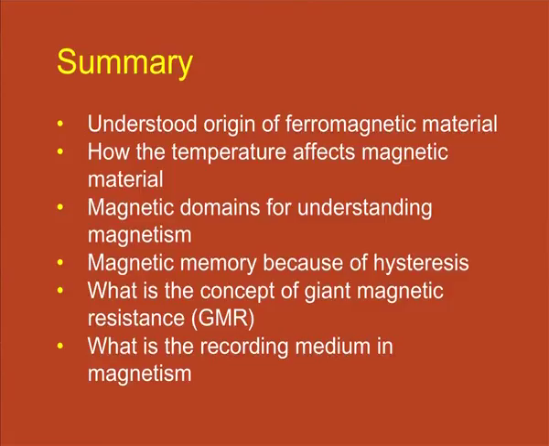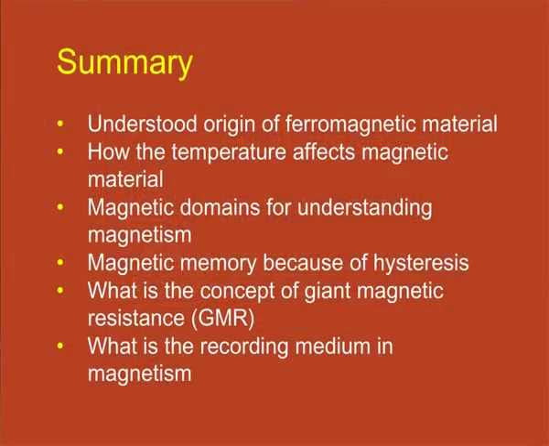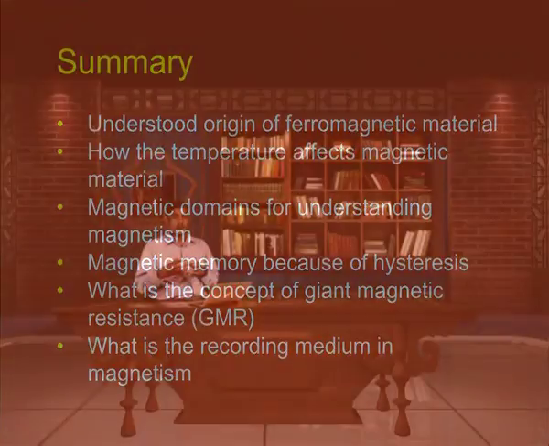Then we discussed the role of magnetic domains in the magnetization of the material, and we studied the hysteresis behavior in magnetic materials and how this hysteresis behavior helps us understand GMR devices, that is giant magnetic resistance based devices, which are the future of storage and electrical transporting materials for any kind of device application that we want to study in the future. And then finally, we discussed the different recording media in which we can use magnetic material to record data for future applications.